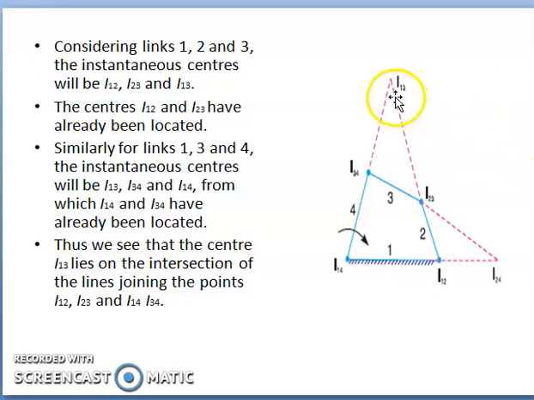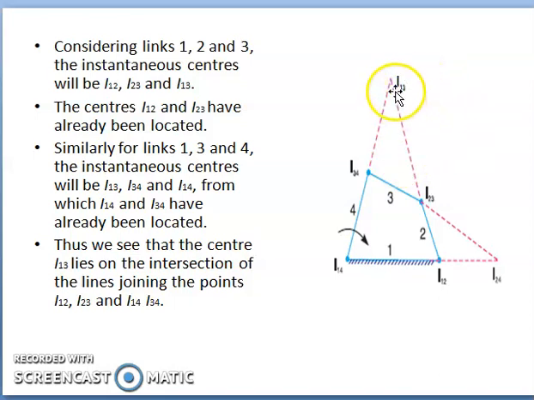So if I am considering 1, 2, 3, the centers will be I12, I23. So this is I23 and this is I12. So it goes without saying that I13 will be lying along the extended line connecting these two. So I have to connect these two and extend it.